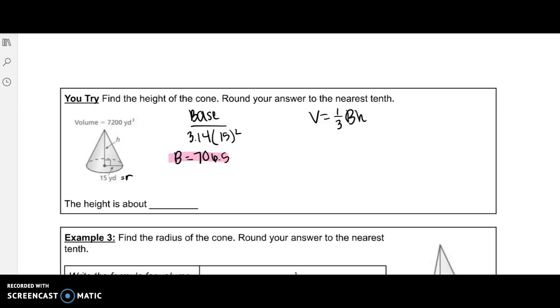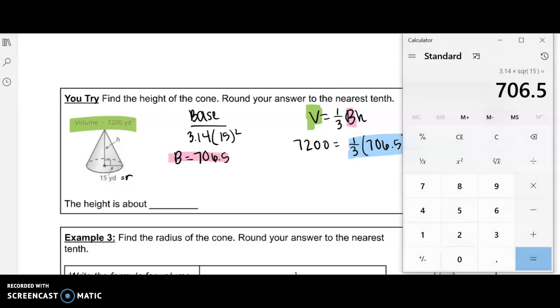So we're going to plug that 706.5 into B. And then we're plugging our volume in for V. So 7,200 equals 1/3 the area of our base, which was 706.5, times our height. We are going to simplify that by dividing 706.5 by 3.